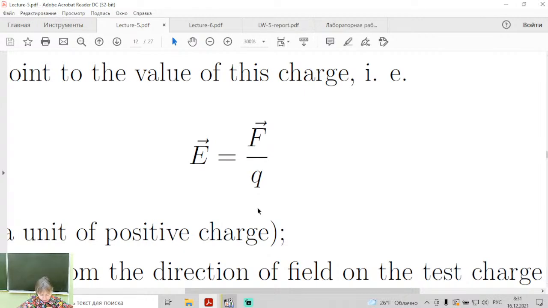F is the force acting from the direction of the field on the test charge located at the given point. E is a vector physical quantity being the force characteristic of the electric field. And the dimension of strength or intensity of electric field is volt per meter.